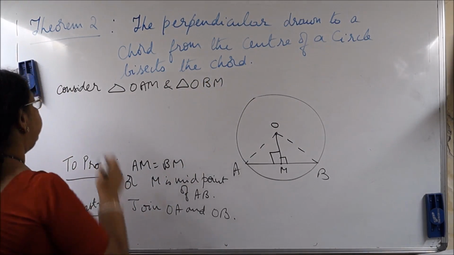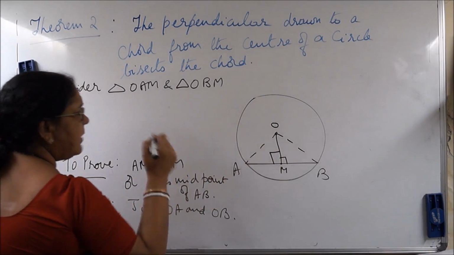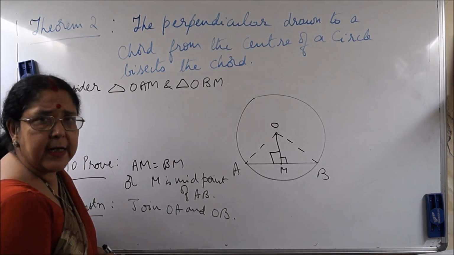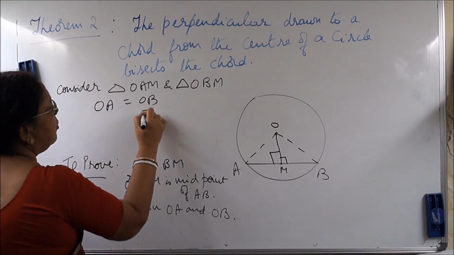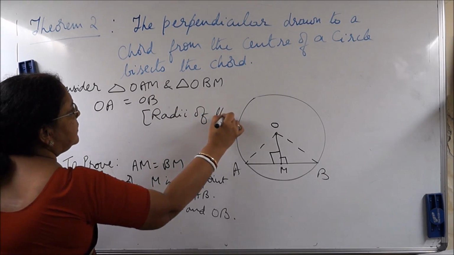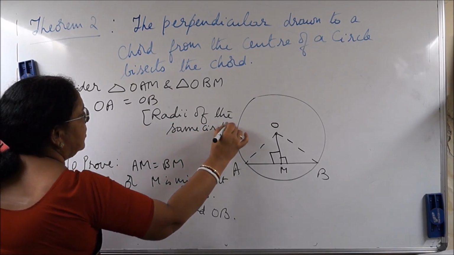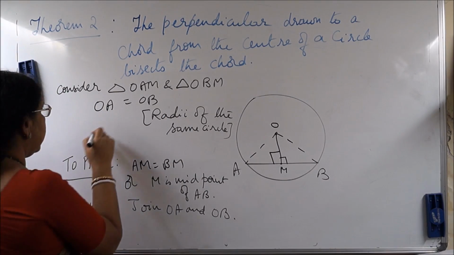Now in triangles OAM and OBM, again we have OA is equal to OB, radii of the same circle. Then we have OM is equal to OM, common for both the triangles.